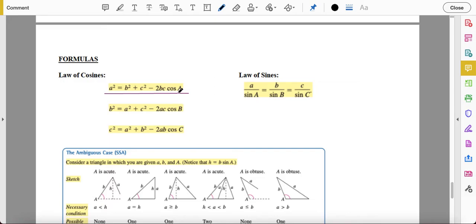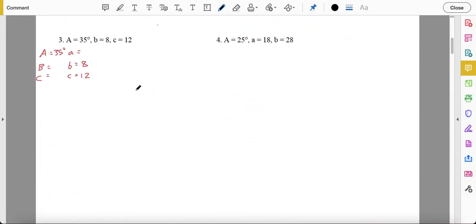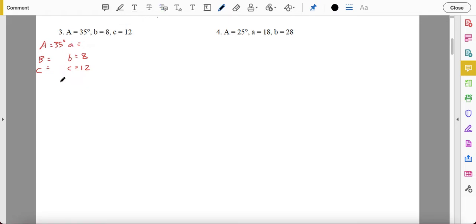We have to use the one that includes the angle we're given, so the version including A: a squared equals b squared plus c squared minus 2bc cosine A. So a squared, that's our unknown, equals 8 squared plus 12 squared minus 2 times 8 times 12 times the cosine of 35 degrees.